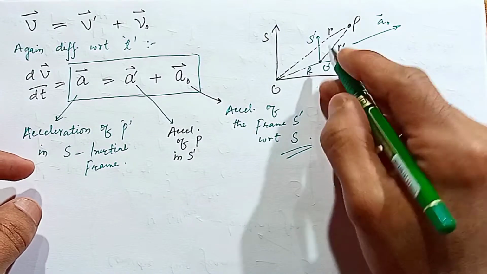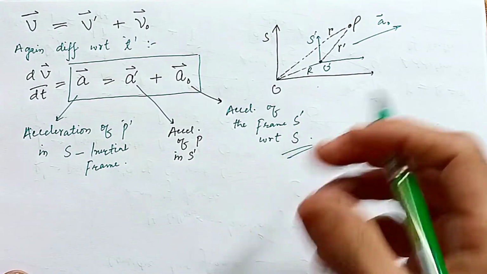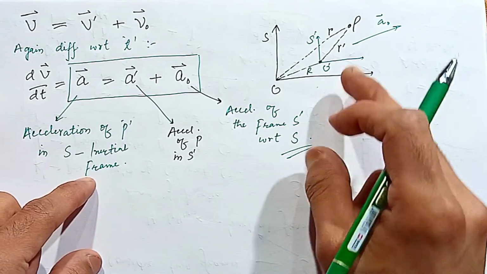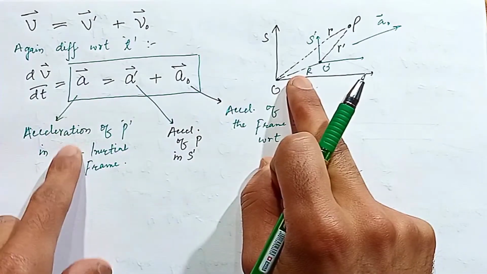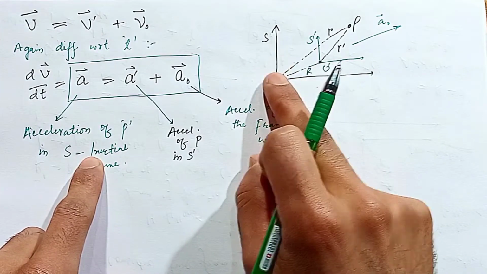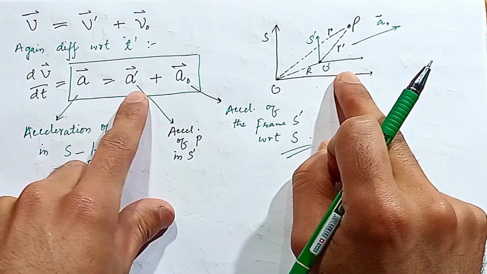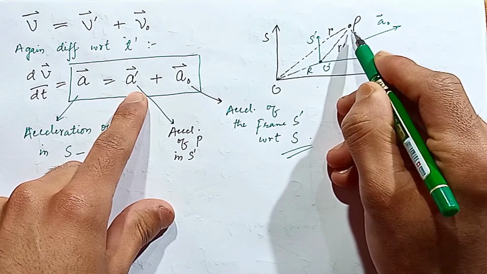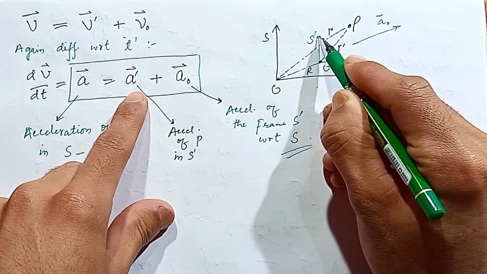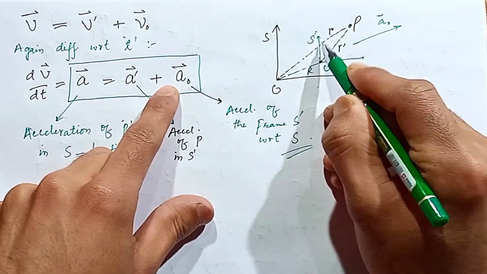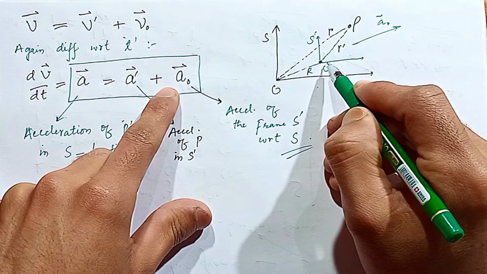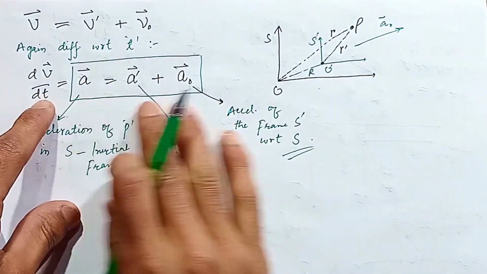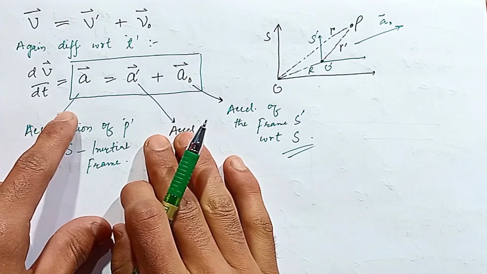For any two frames of reference, an inertial frame and a non-inertial frame, the acceleration of a point particle in the inertial frame equals the actual acceleration of the body inside the non-inertial frame, plus the acceleration with which the frame of reference itself is moving.